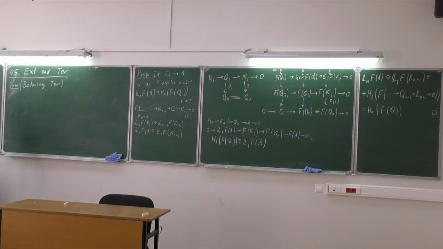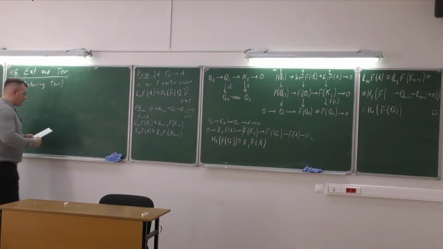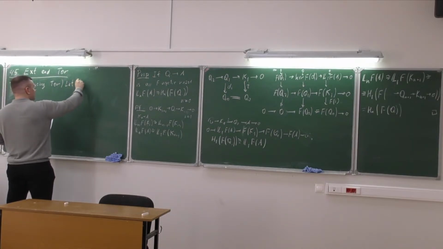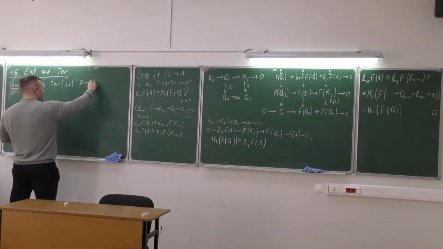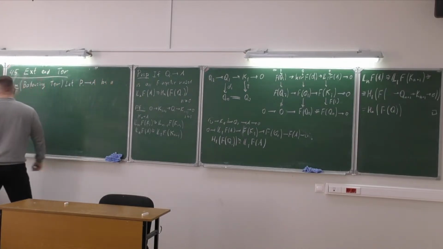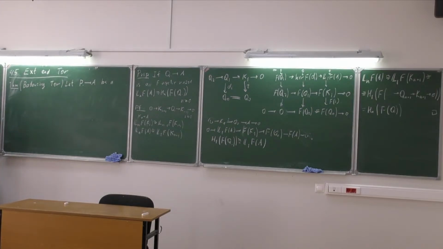This might be one of the most important properties of Tor in elementary homological algebra. The statement is the following. Let P be a projective resolution of the right module A. I'll continue to use projective resolutions, but since we know the previous result, I can as well use flat resolutions.